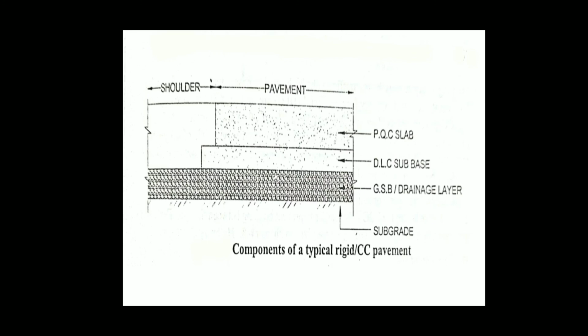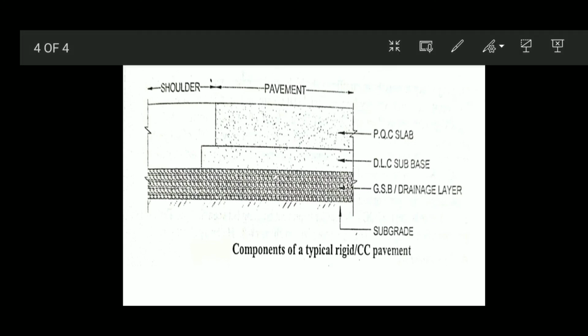and this is commonly called PQC. So what is meant by PQC? PQC means pavement quality concrete. This is the abbreviation of PQC. You can see in this figure also the topmost layer of this CC pavement, the PQC slab.